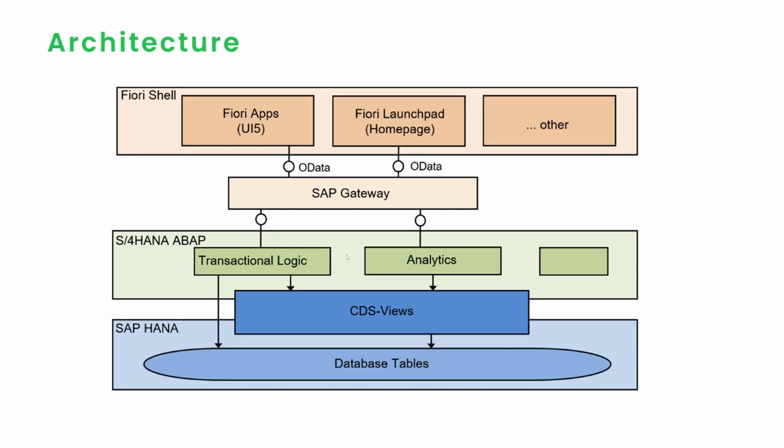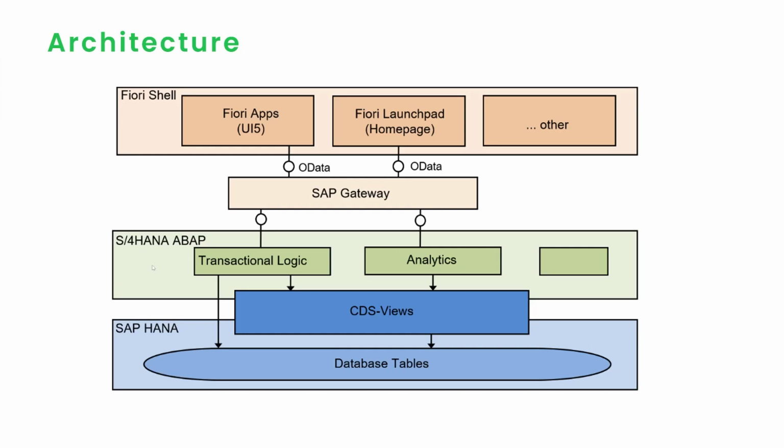So whatever you do, if you want to update or do a CRUD operation, everything will come through that OData service or gateway service. But if there are any transaction logics or analytics purposes, then you need to work with that above layer. You need to prepare the body and other things.